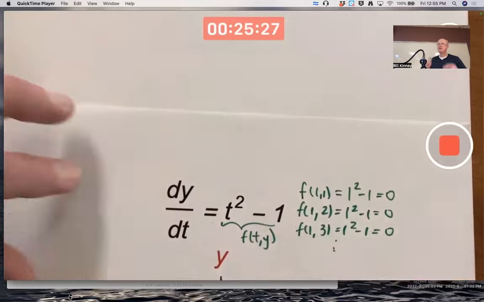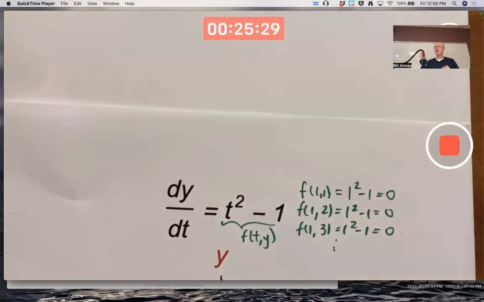In other words, listen carefully, along the vertical line in the t, y plane, watch my hands here, t is horizontal, y is vertical. Along a vertical line where t is 1, just to the right of the y-axis, you're going to make a bunch of little line segments with the same slope of 0. A bunch of horizontal line segments. What if I change t?